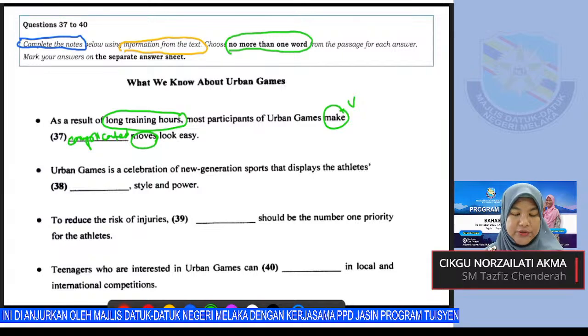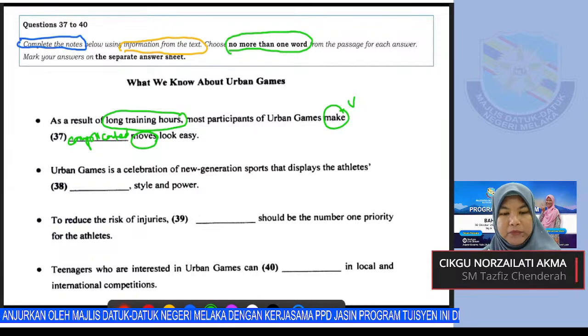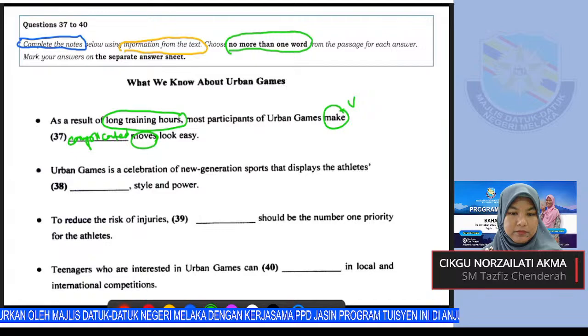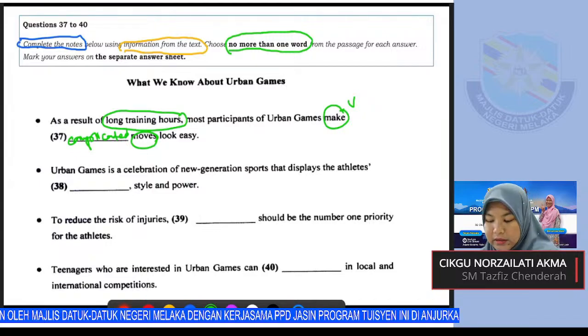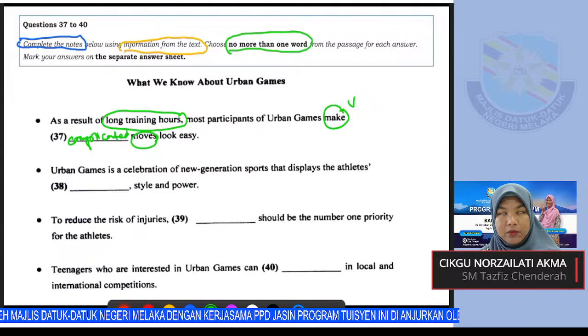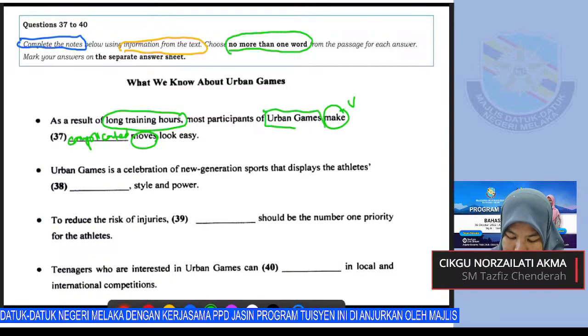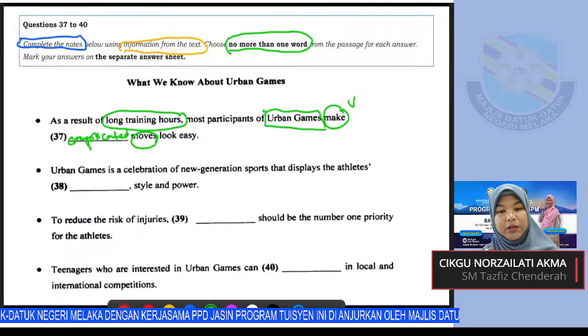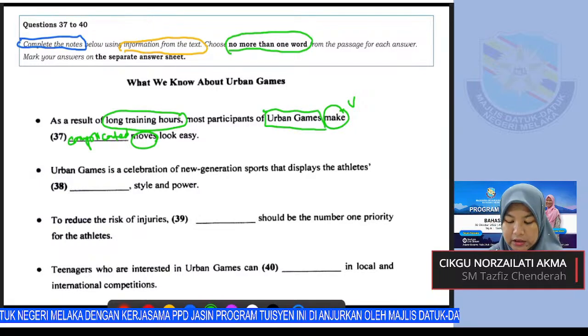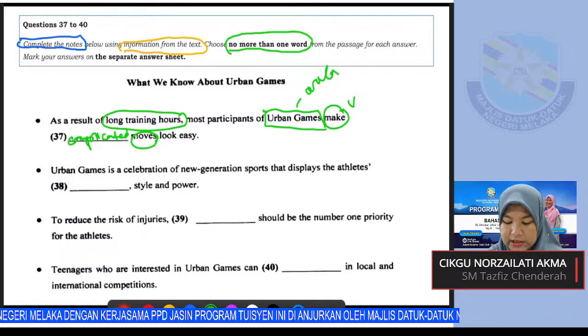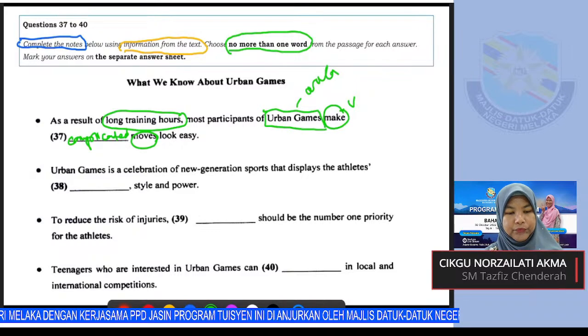Once you are involved in it for quite a long time, it might seem easy. And then you can see here the keyword urban games. Most participants of urban games.